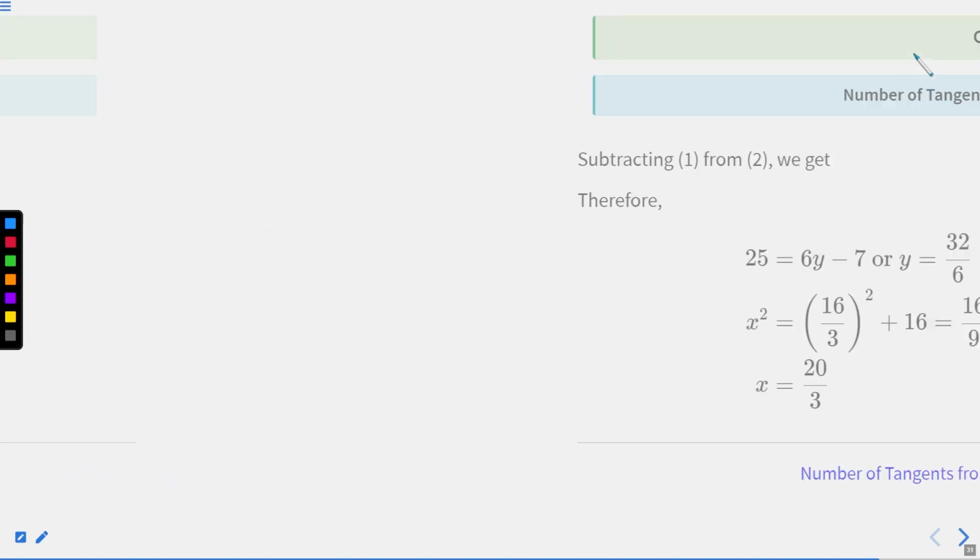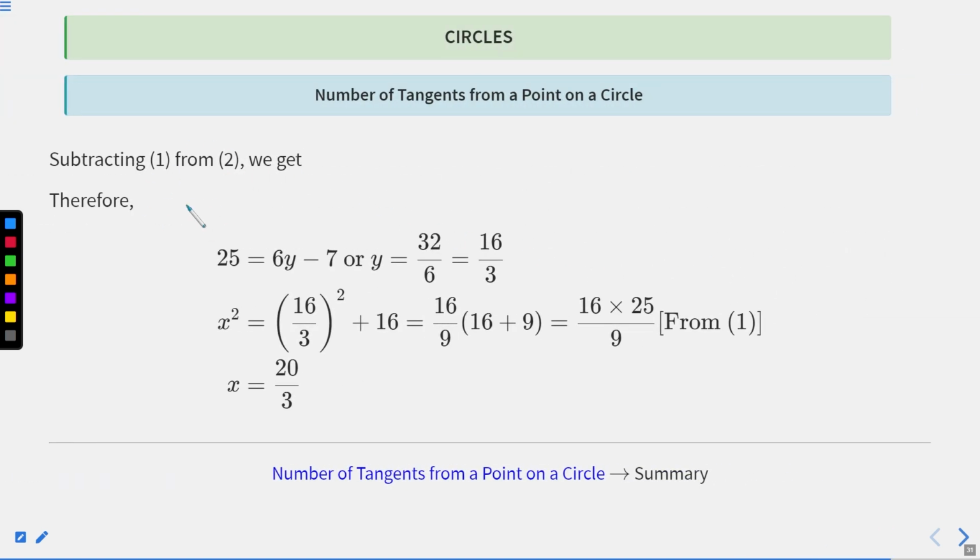Now subtracting equation 1 from 2, we get 25 equal to 6y minus 7, or y is equal to 32 by 6, that is 16 by 3. And x square is equal to 16 by 3 whole square plus 16, that is 16 by 9 times 16 plus 9, which is 16 times 25 by 9, and this implies x is equal to 20 by 3. So x is equal to 20 by 3 cm.